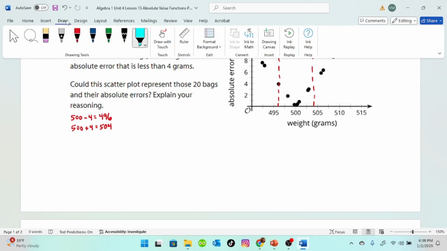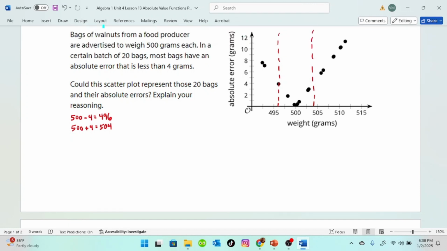Now this said, most bags have an absolute error that is less than 4 grams. So they would need to have most points be inside these lines.